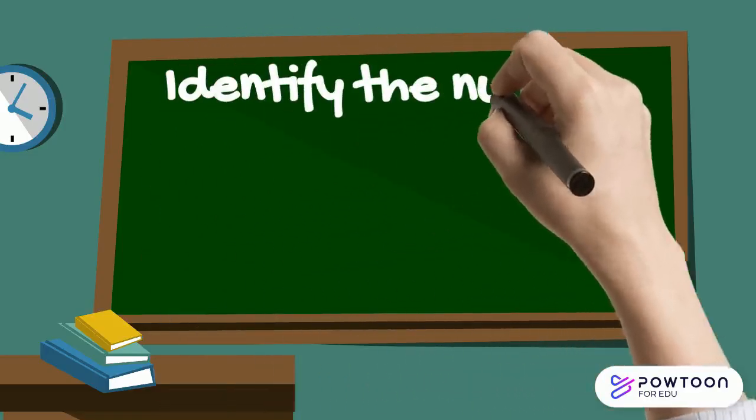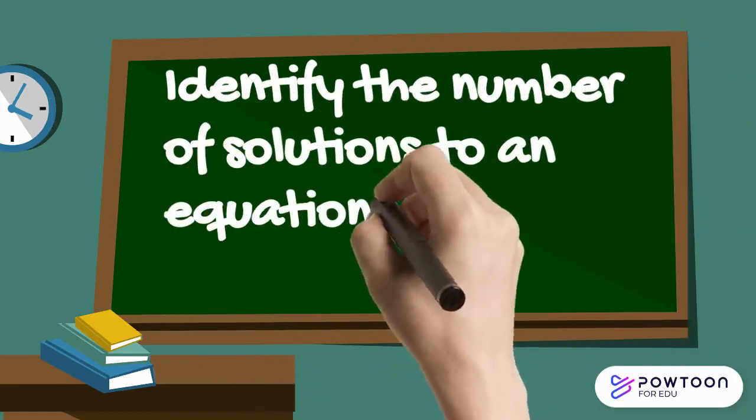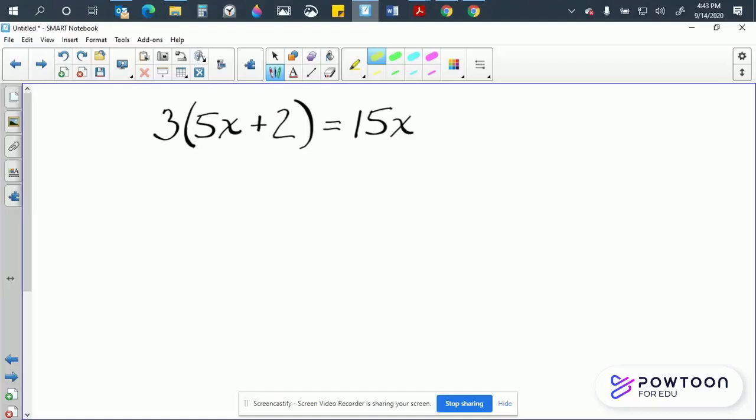Sometimes when we're trying to solve an equation with a variable on both sides, we run into a problem where, as we're solving the equation, the variable disappears. And here's some cases where that happens. For this problem, we have a variable on both sides of the equation, here and here, but we need to use the distributive property first.